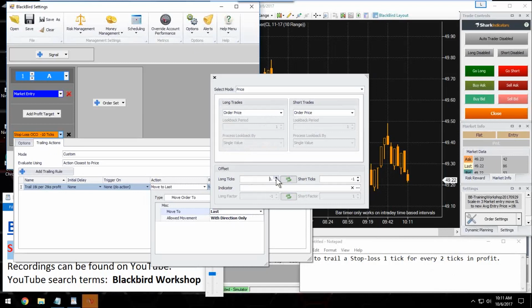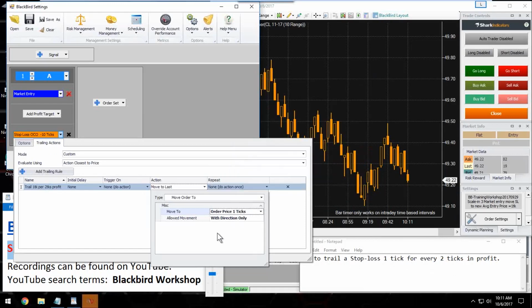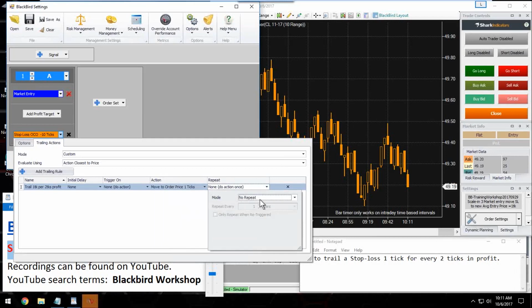So we're adding 1 tick to the current order's price. That's how we're able to get this 1 tick movement in the stop loss. And then the second part is, for every 2 ticks in profit, that can be controlled under the repeat. Trailing stop losses repeat indefinitely for the most part.